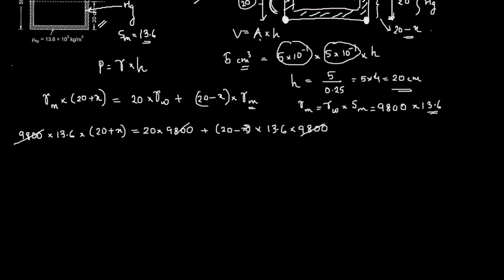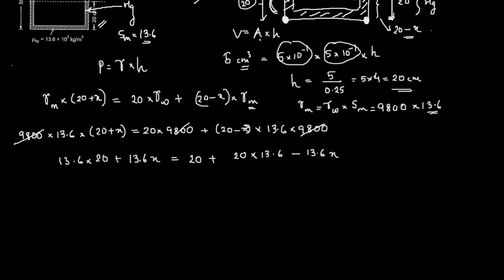So here, let's write it. 13.6 into 20 plus 13.6x is equal to 20 plus 20 into 13.6 minus 13.6x.